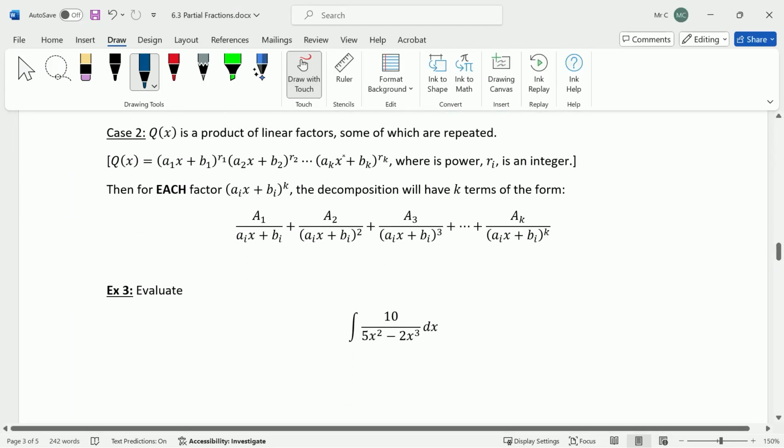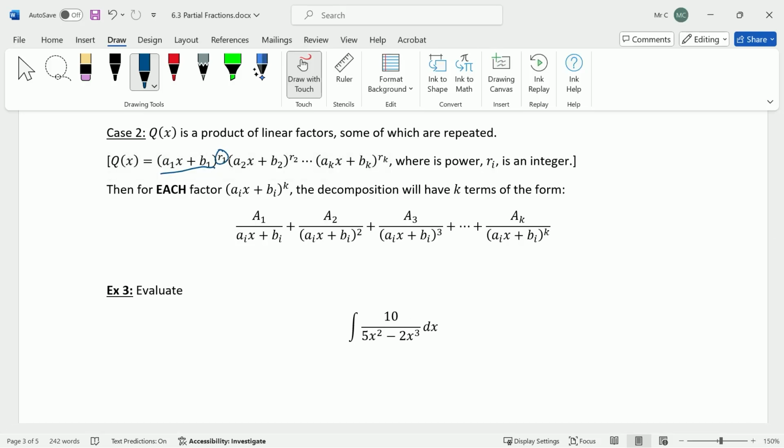So in case 2, our denominator, q of x, is a product of linear factors, some of which are repeated, right? So in other words, when I factor out my denominator, I might get some linear expressions raised to a power other than 1.